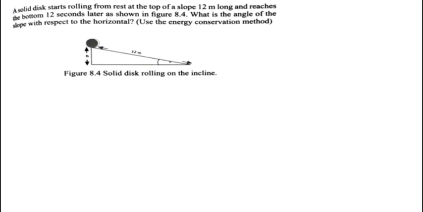The question is saying it is rolling, meaning there is kinetic energy, which is translational kinetic energy and rotational kinetic energy. So rotational kinetic energy is always there if an object is moving while rolling.